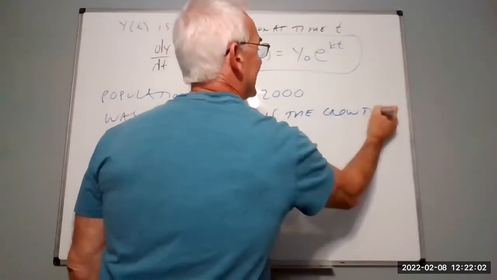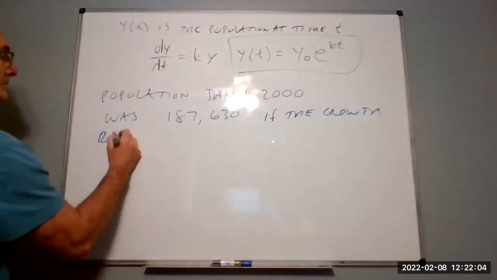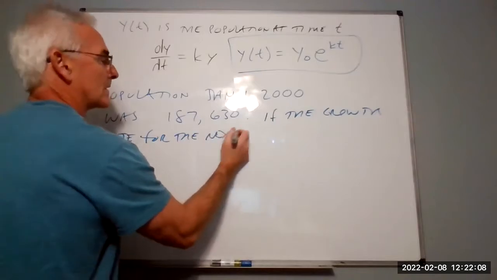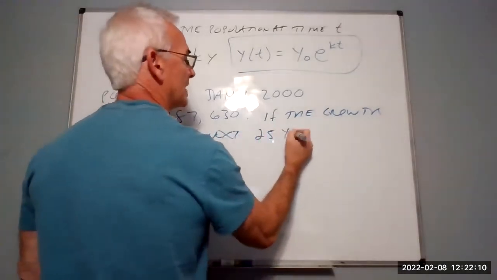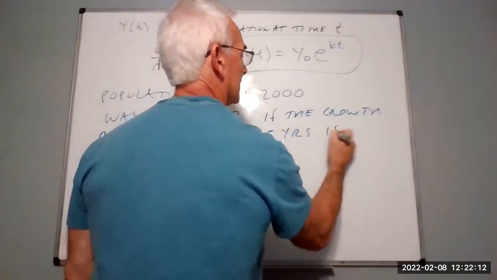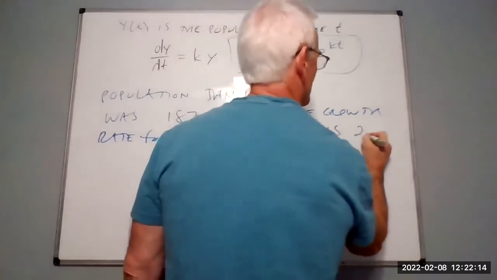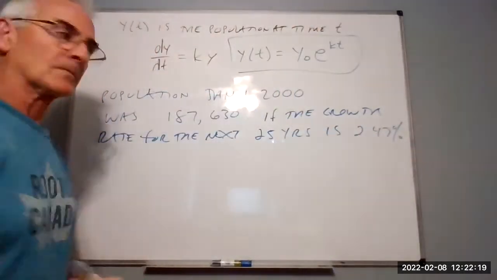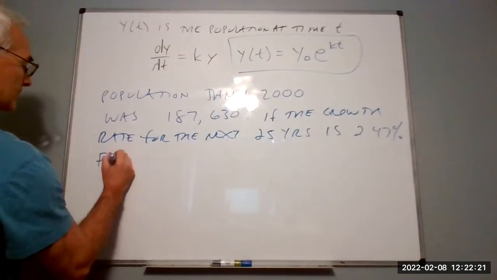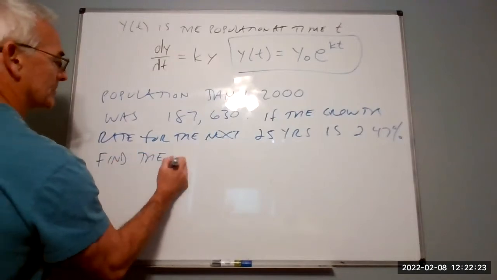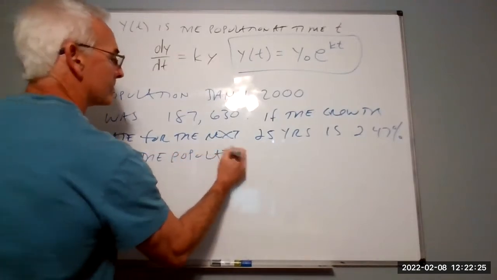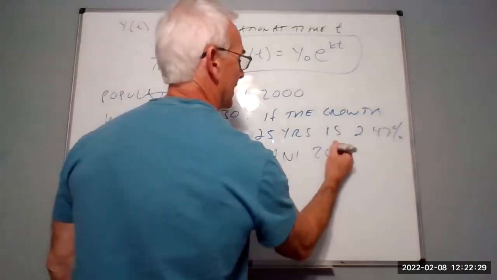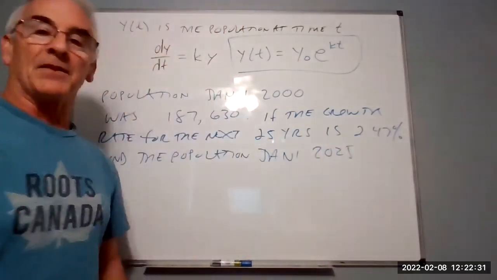If the growth rate for the next 25 years is, how about 2.47%, find the population January 1st, 2025.